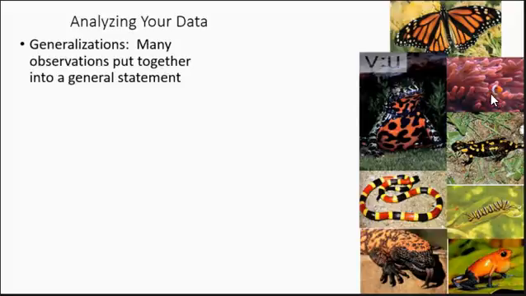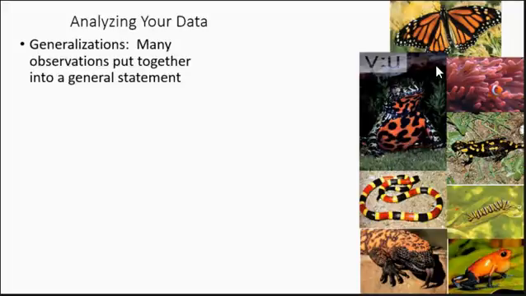This is a clownfish in a sea anemone. This is a tiger salamander. This is a monarch butterfly caterpillar. This is a poison dart frog, a Gila monster, coral snake, and a red-bellied toad.